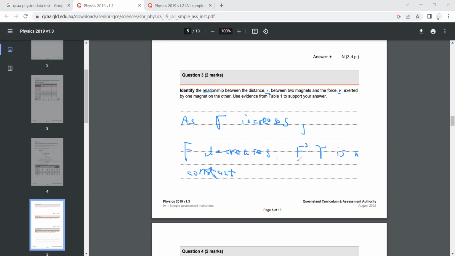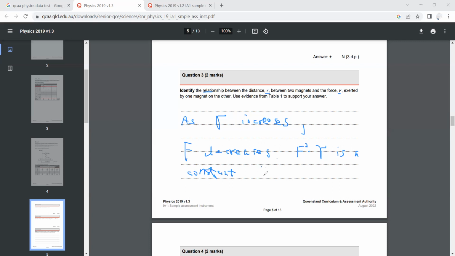Or we can say there are many other ways to represent this relationship. As I said, F squared is inversely proportional to R. We can say that in words.